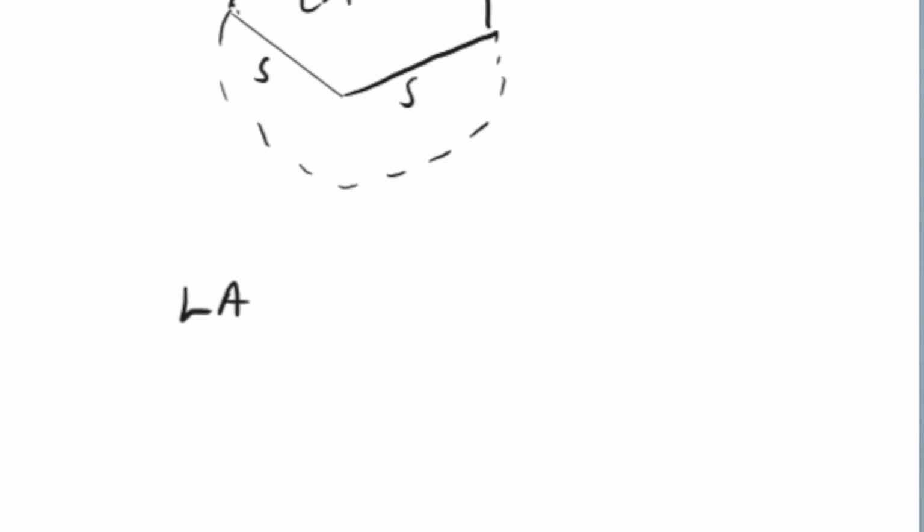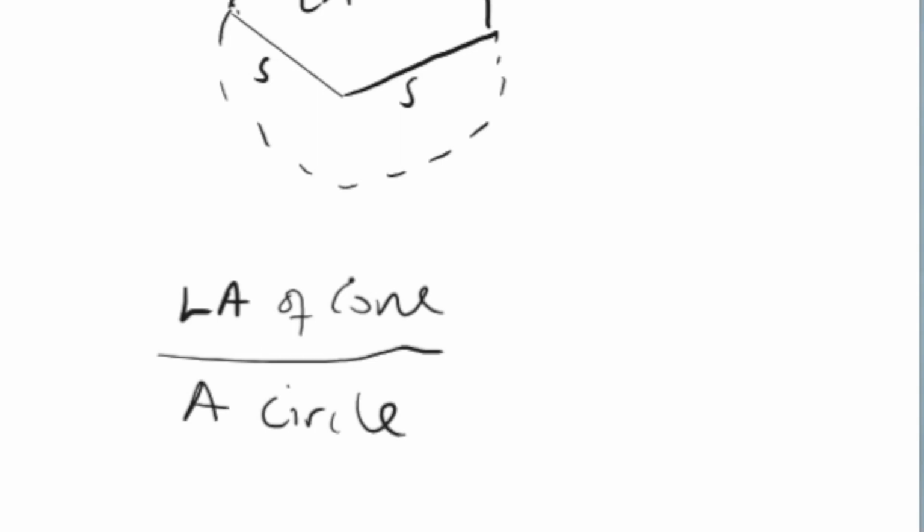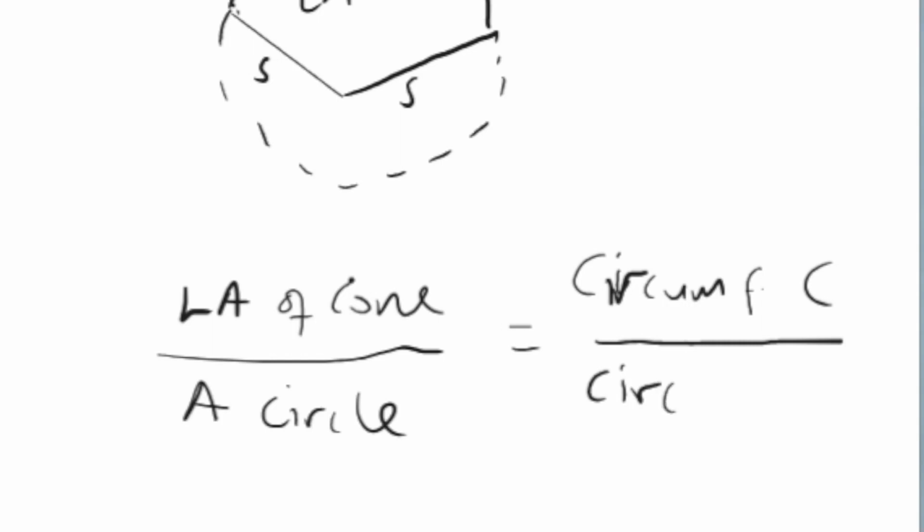Lateral area of the cone over the area of the circle is the same as the circumference of the cone over the circumference of the circle.